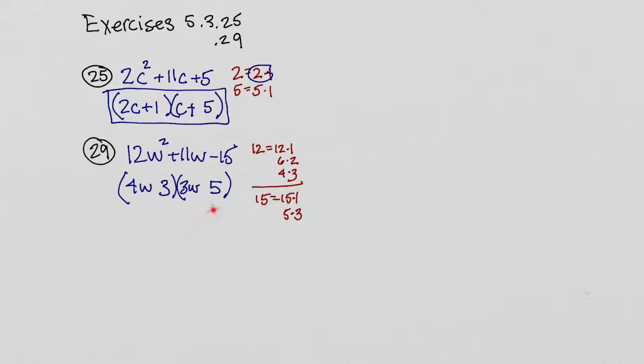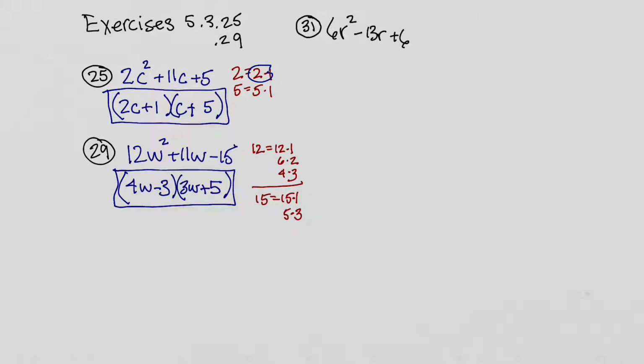And the way I wrote mine, the outer product is 20. Inner product's only 9. So I'm going to put that plus sign out here, right? That'll connect me with the 20. If I put it here, I'll get plus 5 times plus 4 is 20. And then I'll put the minus sign here, giving me 20 minus 9 is the 11. And then we will have the correct factored form.